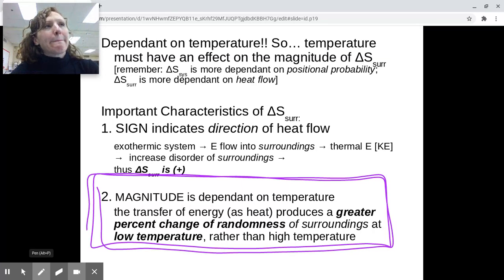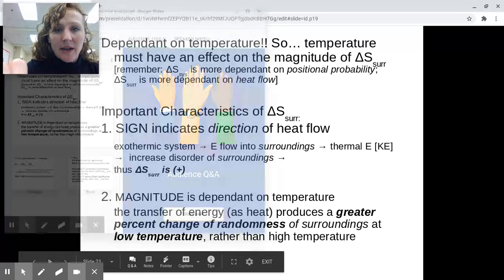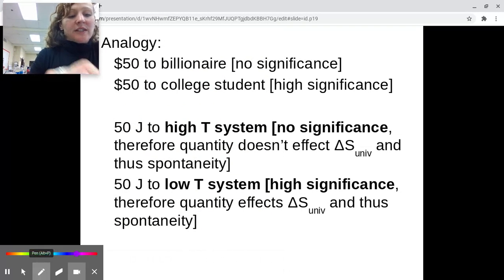Now, it's helpful to think of the effect of temperature in terms of movement of the particles. But think of an analogy. This analogy is kind of helpful too. Think about giving $50 to a billionaire versus giving $50 to a student, right?